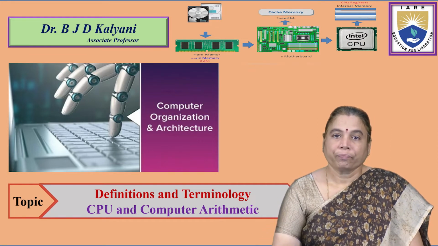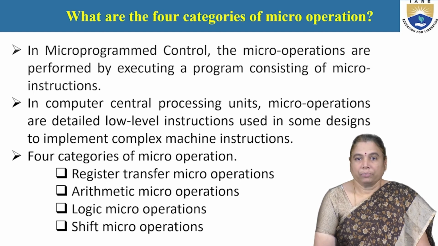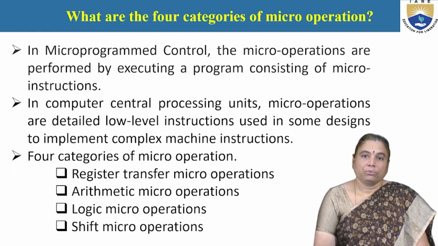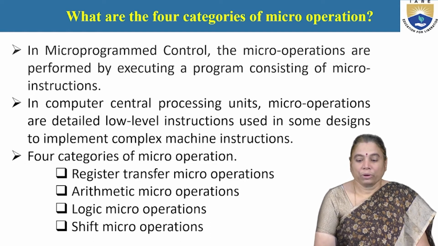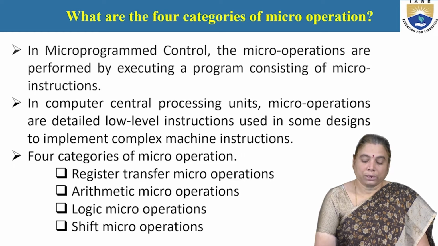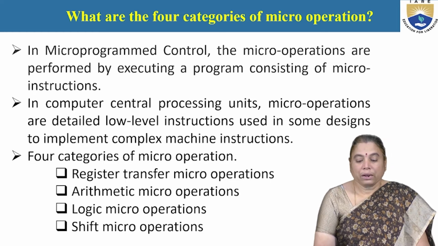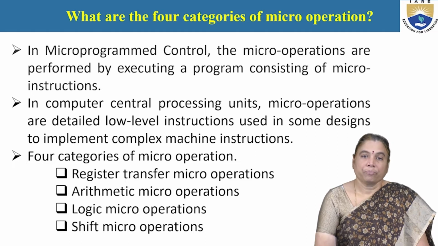The first term that I am going to discuss is the four categories of micro operation. First, we will discuss what a micro operation is. In a microprogrammed control, the micro operations are performed by executing a program consisting of micro instructions.